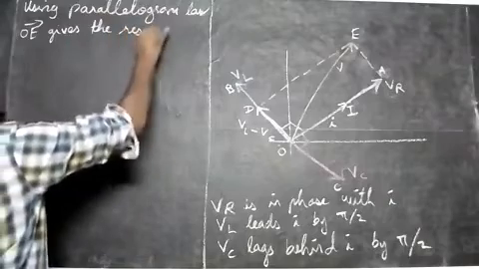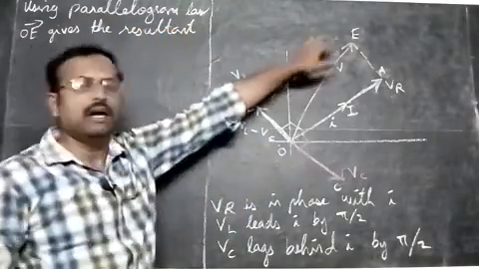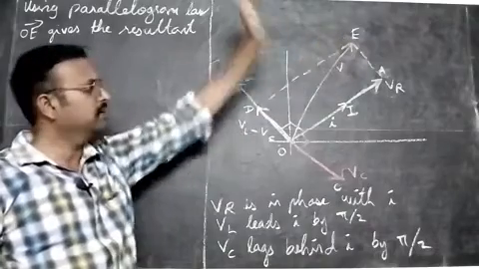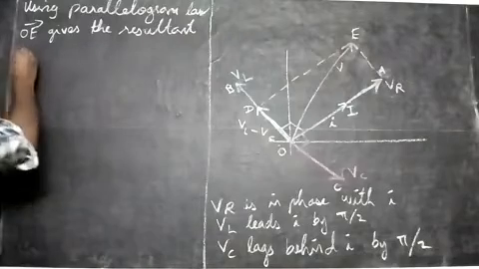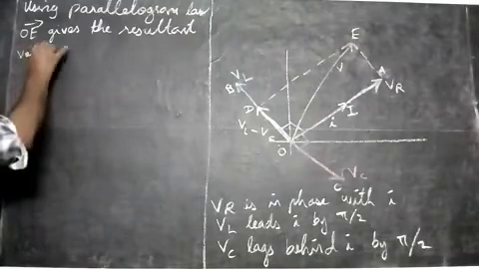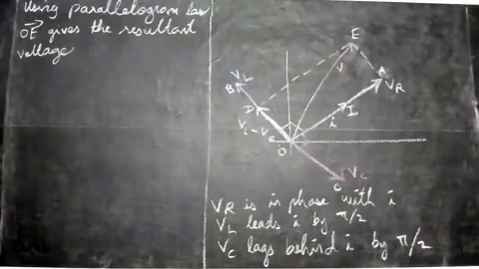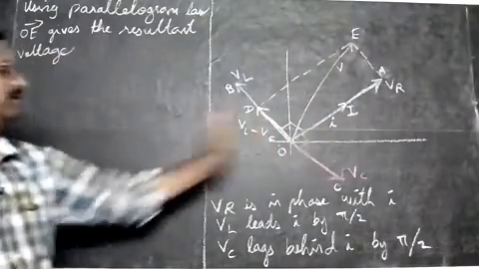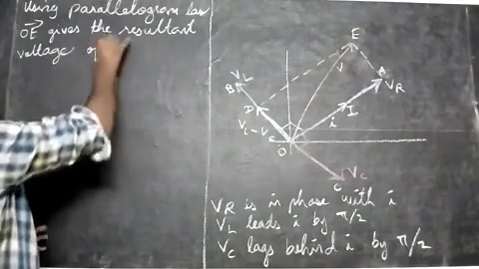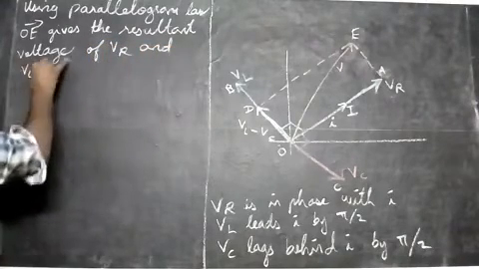We know, using vectors we learned in 11th standard, that by the parallelogram law this will be the resultant. It gives the resultant voltage of VR and VL minus VC.